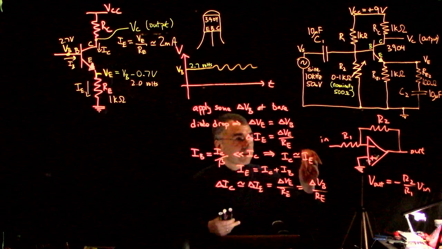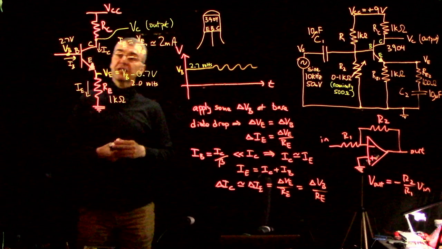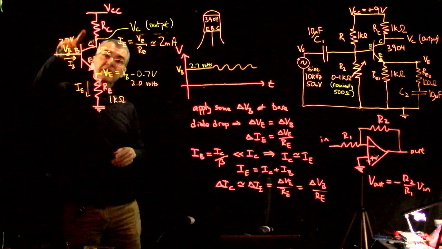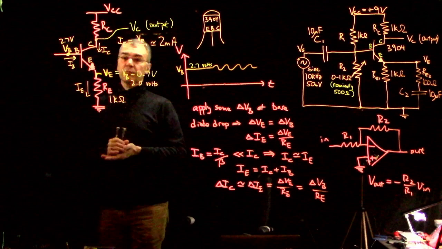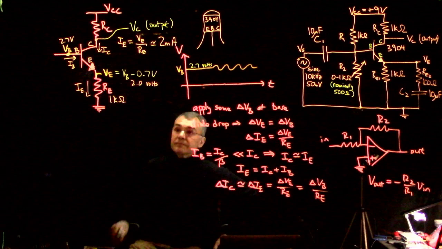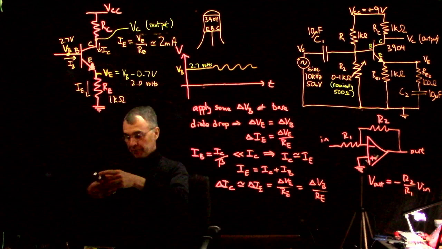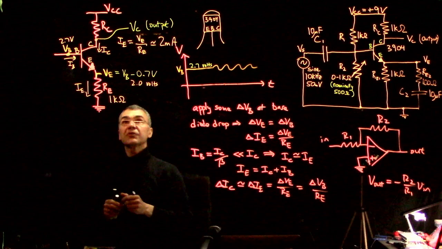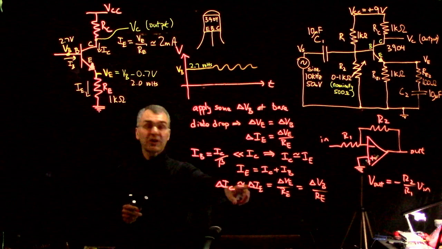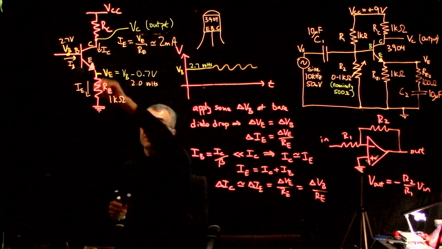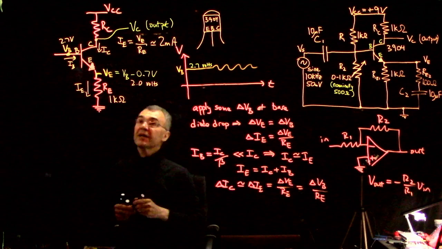Okay, so we're going to see that V out is basically minus RC over RE times V in, at least the AC portion of it. Right, so let's go back up here, and we'll say we already have that the change in the collector current is the same as the change in the emitter current when we wiggle the base, which gives us this expression, the change in the base voltage divided by RE.